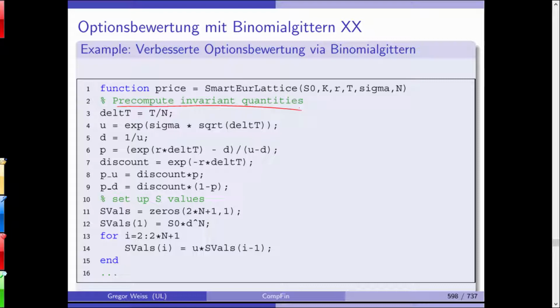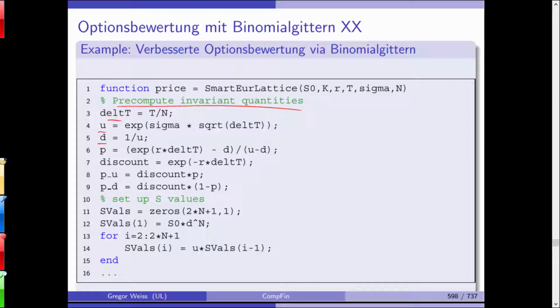Also, if you write such a program, always remember that it doesn't make much sense to include calculations that are done over and over again in a loop, because then the computer will repeat the very same calculations over and over again and use up time and memory. So you can pre-compute a couple of invariant quantities that stay the same for all calculations.